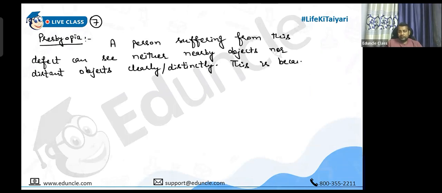Because the muscles of the eye become weak with aging, and hence the power of accommodation of the eye lens decreases. So this defect increases with aging.